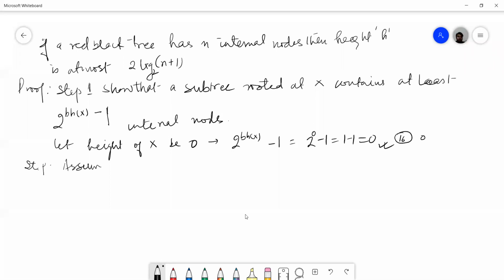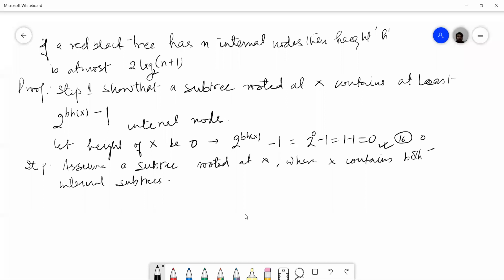Assume a subtree rooted at x where x contains both internal subtrees. So it has a left subtree and it has a right subtree.